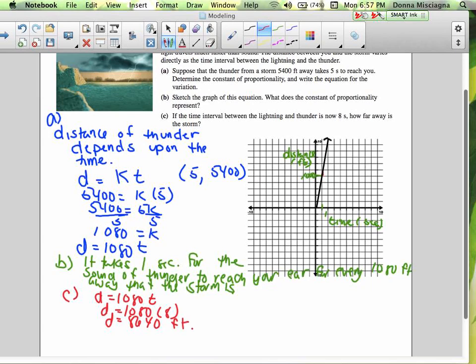And that's how far the storm is away, right? 8,640 feet.